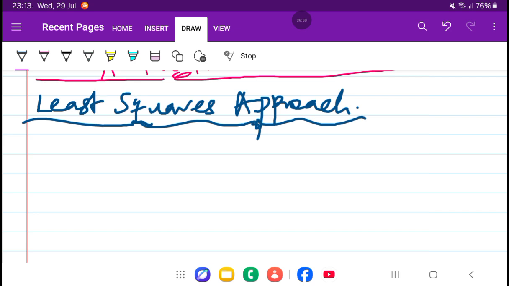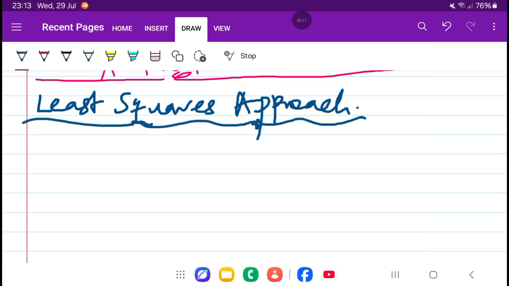So when you are drawing the line of best fit, an attempt is always made to minimize the total divergence of the points from the line of best fit.